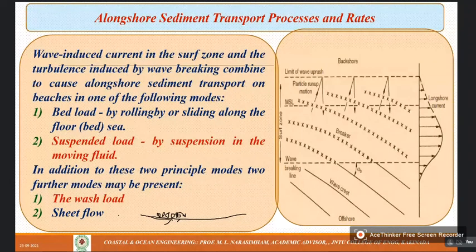Whereas sheet flow means all these particles put together will form like a sheet, and in a similar way to suspended load, they move. But the only difference between the suspended load and sheet flow is that suspended load will be in the form of lumps containing mixed particles.